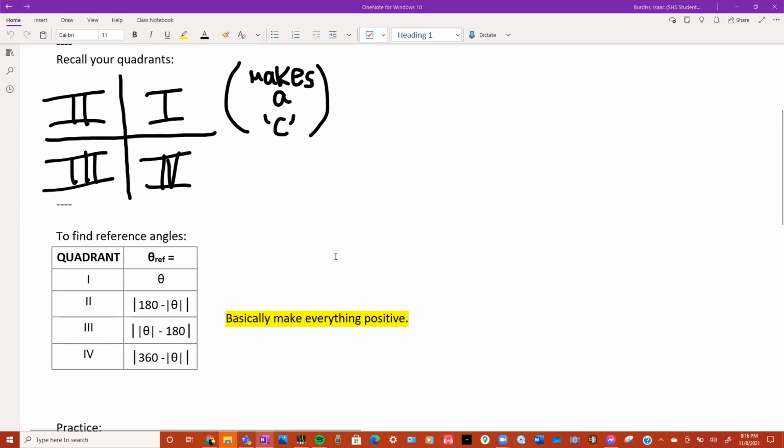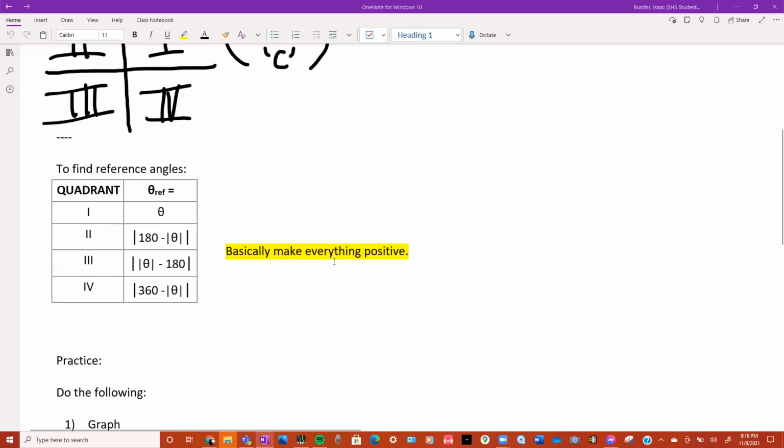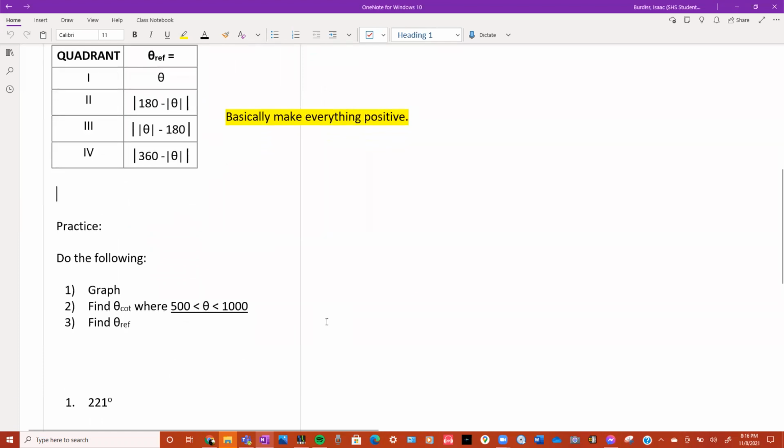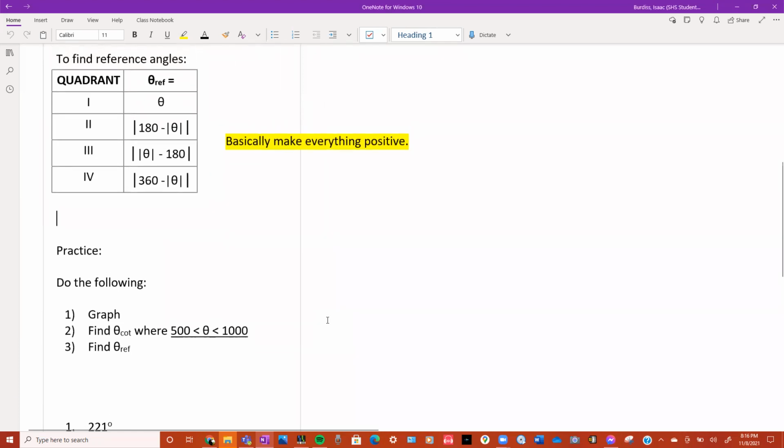So here's a little table showing you how to find the reference angles based on where the angle is. If it's in quadrant 1, it is the angle. If it's in quadrant 2, you see what it says. But keep in mind, I put an absolute value because sometimes if you have a negative angle, then that changes things. So you got to make sure that you make everything positive.